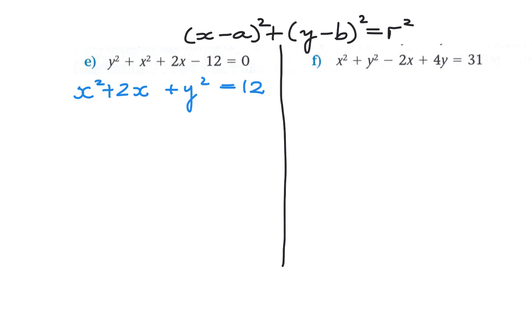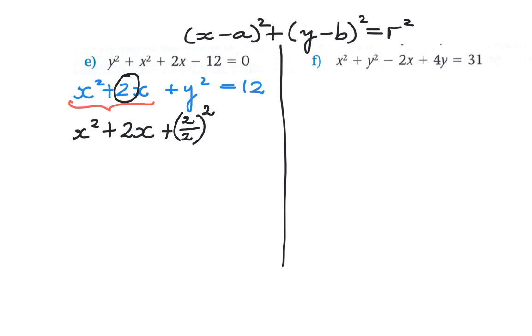So the first method of doing it would be to take the first two terms and to recreate the perfect square trinomial. So if the first term of a trinomial is x squared and the second term of the trinomial is 2x, then the third term of the trinomial will be the coefficient of that x divided by 2, squared.